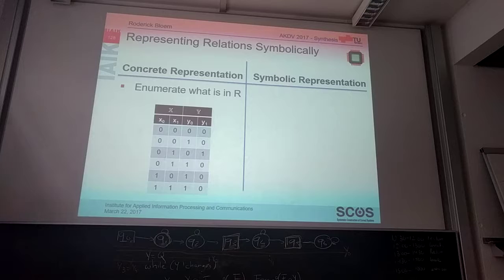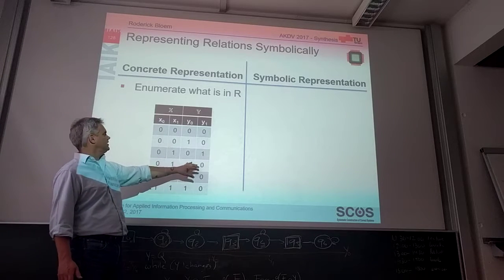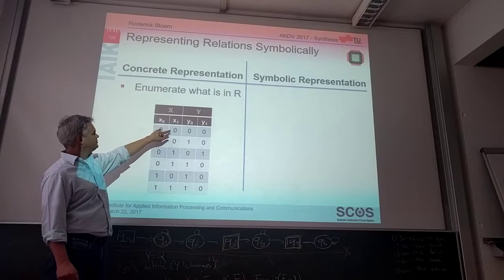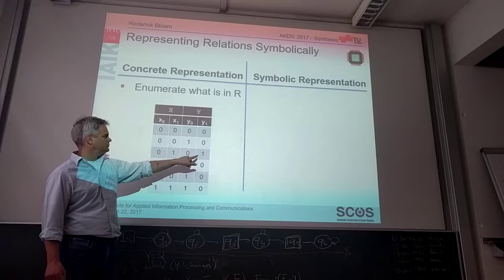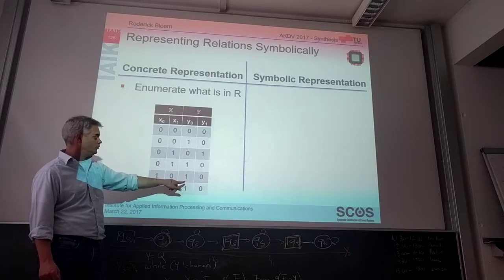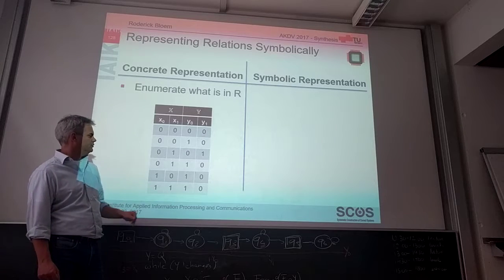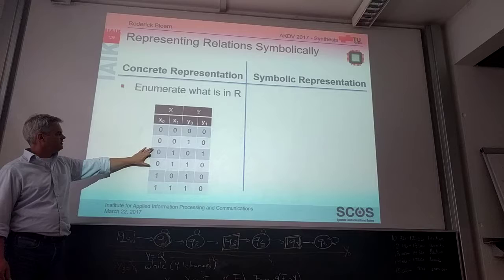You may have things like this. If this is your input, then these are the allowed outputs. So with input 0, 0, I could output 0, 0 or 1, 0. With input 0, 1, I could do 0, 1 or 1, 0. With input 1, 0, I have to do 1, 0. With input 1, 1, I have to do 1, 0. So these two are easy, but this one, for instance, is a little bit more complicated.